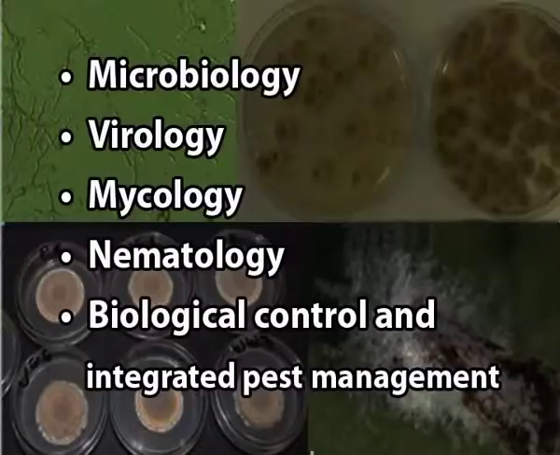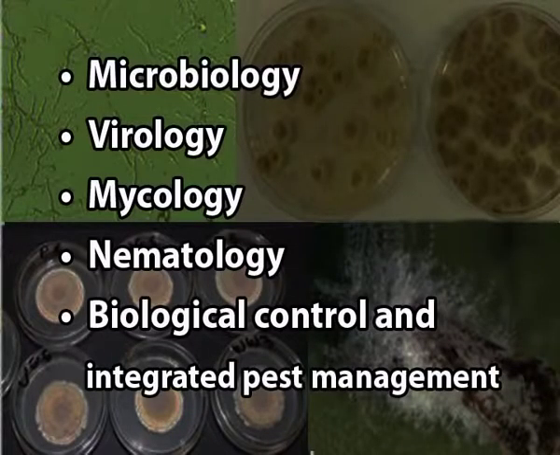He has also published the methods for the study of major groups of entomopathogens, their discovery, diagnosis and their initial identification. Under insect pathology, microbiology, virology, mycology, nematology, biological control and integrated pest management are also included.